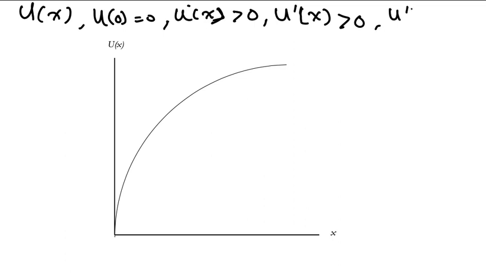However, U double prime x is negative. If U prime is marginal utility, which is positive, this one shows that marginal utility is diminishing as we increase the payoff, for all x. That's what it means.